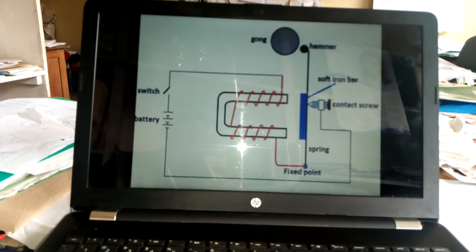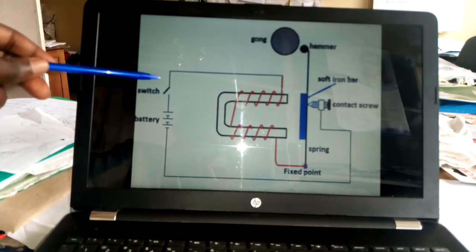Now, this is a diagram where you can be asked to label the various parts. You can also be asked to explain its working mechanism. So that is what I want to do.